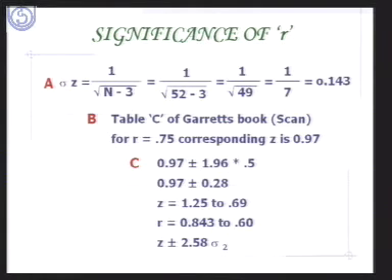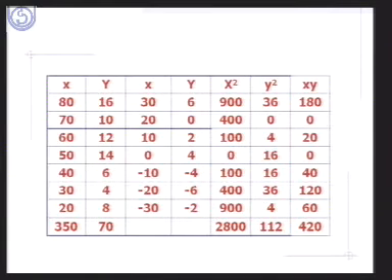If you are interested in directly using the scores, you can calculate by using the third formula. If you are using just the deviations, taking the deviation from the mean, you can use the second formula. If you have the standard deviations of x and y already given, it's always preferable to use the first formula.